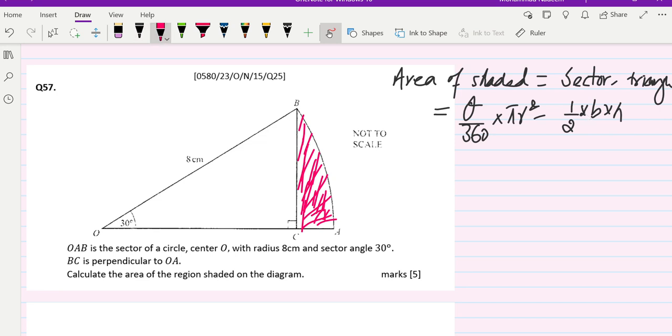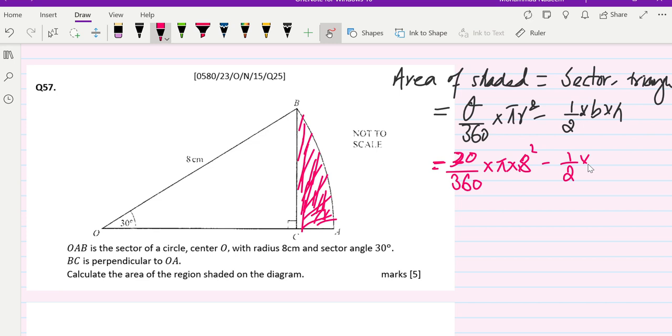Okay, so we will use the formula 1 over 2 base times height. Theta for this sector is 30 degree over 360 multiplied by pi times by radius, which is 8, square of that minus 1 over 2 times a.